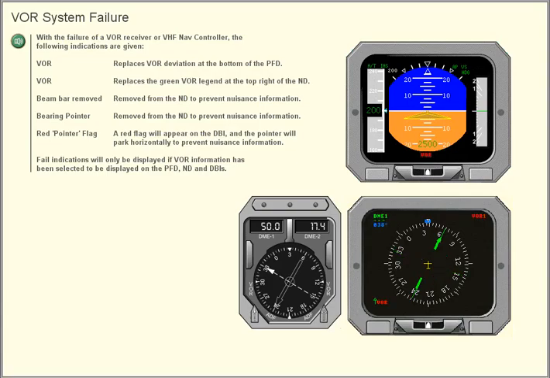VOR System Failure. With the failure of a VOR receiver or VHF nav controller, the following indications are given. VOR replaces VOR deviation at the bottom of the PFD. VOR replaces the green VOR legend at the top right of the ND.